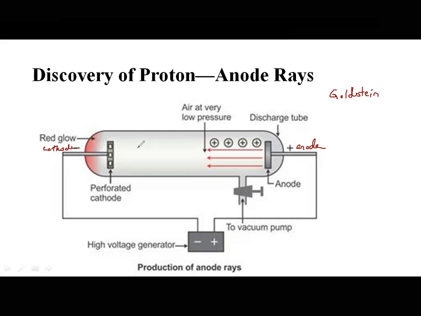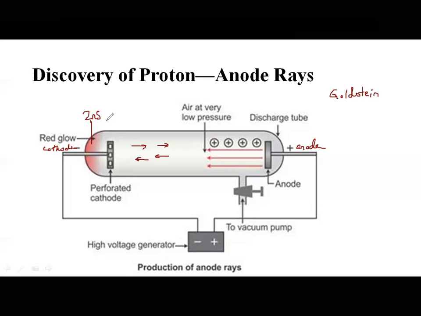He wanted to see that if there are particles moving in this direction, there must be some particles moving in the opposite direction. They would pass through these perforations and hit the screen, which he coated with zinc sulfide to see the glow. Any material can be used.